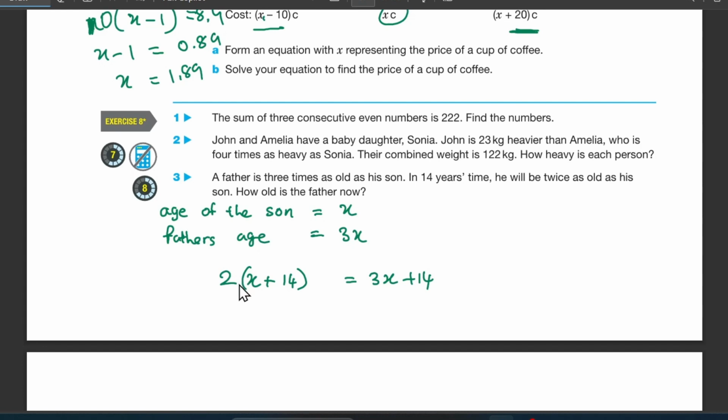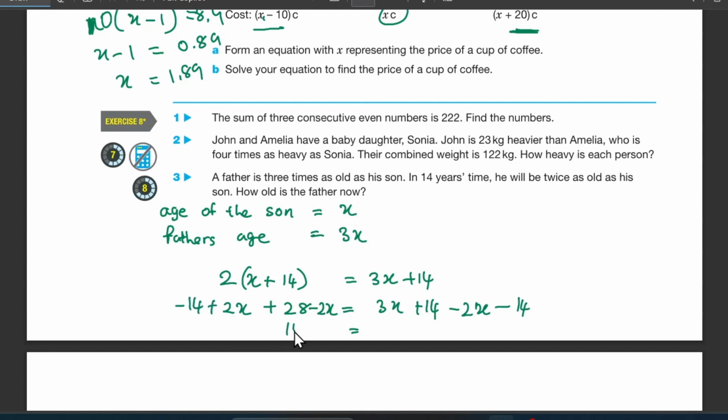Okay, now we can expand this bracket. Okay, now subtract 2x from both sides and subtract 14 from both sides.